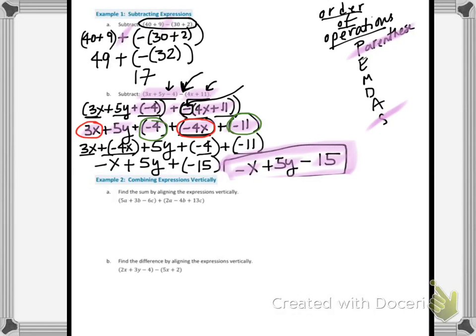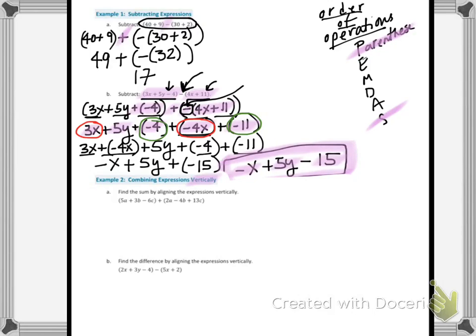What's really nice about the any order, any grouping idea is that it allows us to write sums and differences as vertical math problems, okay, vertically. And you're going to see this is going to be required at times as well. But yeah, a lot of fun, I think anyway, because we can move things around.